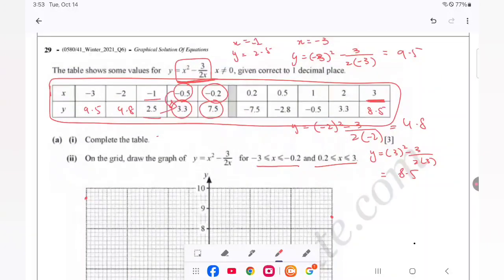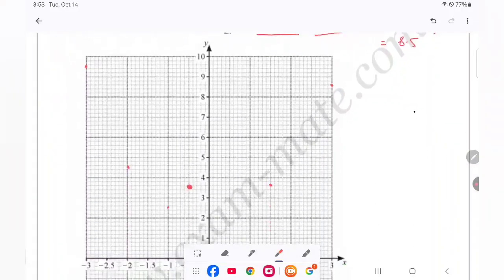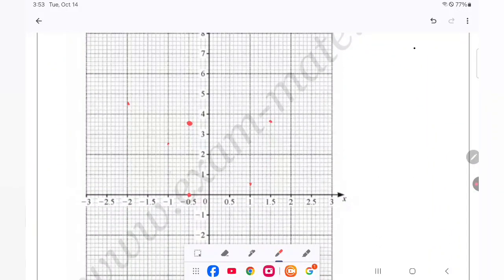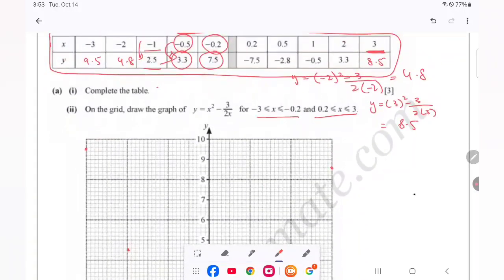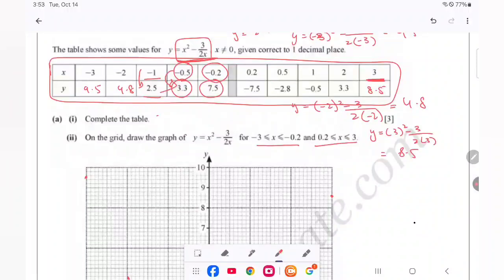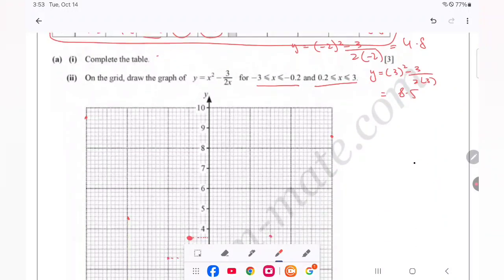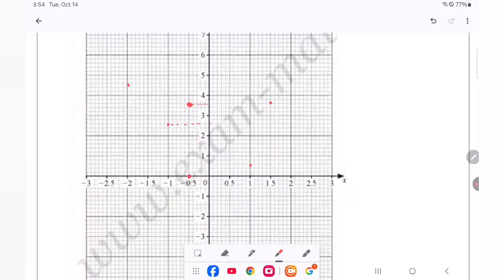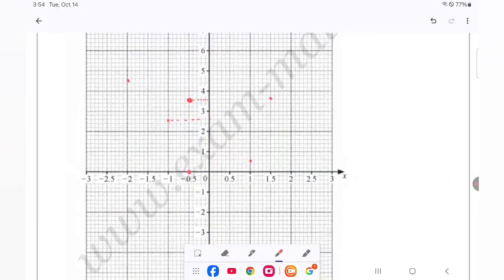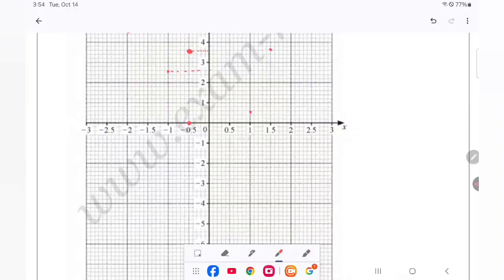On x value -1, y value is 2.5. On -1 here, this is our 2.5, this is our 3.3. So if you put all the points, on x equals +1 it will give you the value of -0.5, somewhere here.